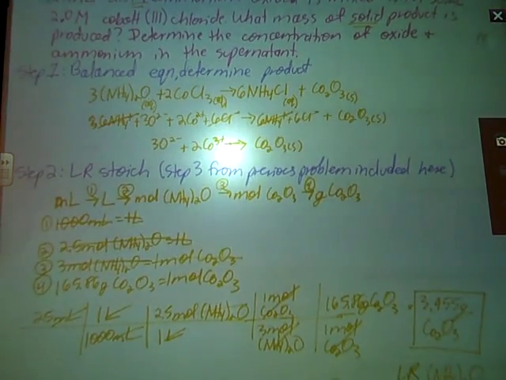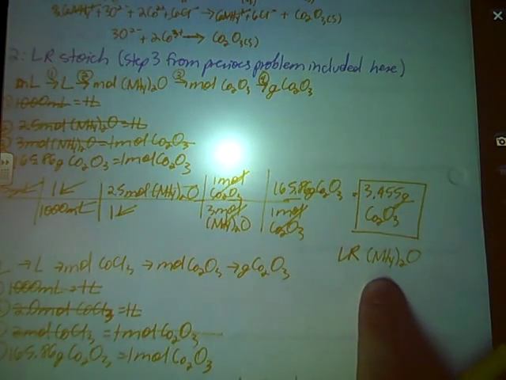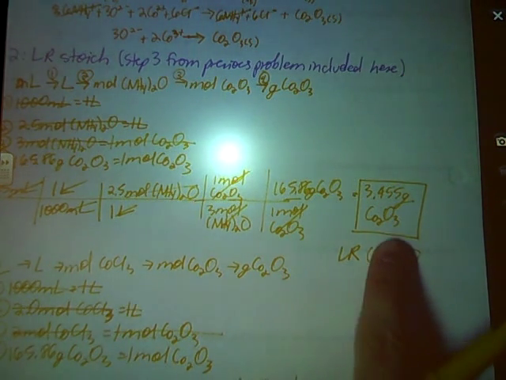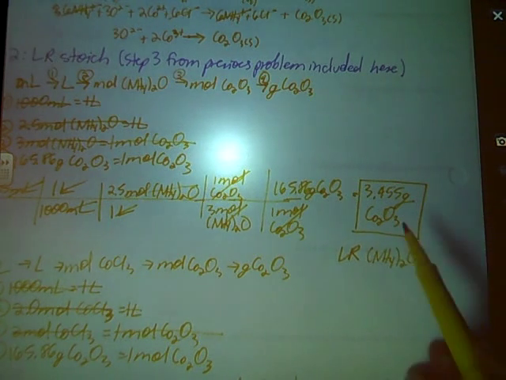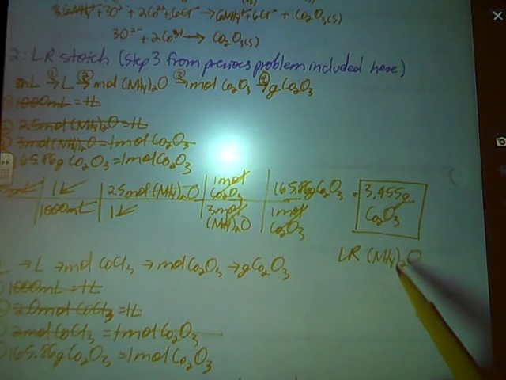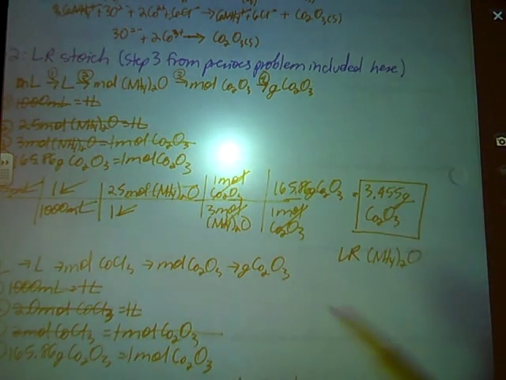But we found out in our solution stoich that our ammonium oxide is actually the substance that runs out. So, ammonium oxide is the reagent that gave me this amount of cobalt oxide, but what ion do these two have in common? The ammonium oxide provided the oxide in my cobalt-3 oxide.